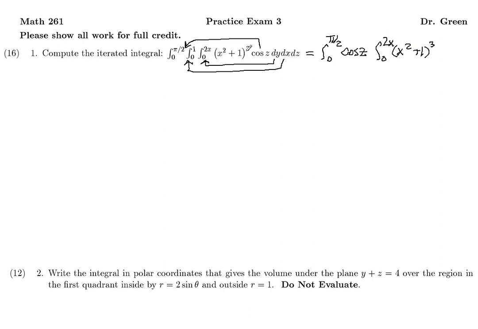Oh, we need an integral 0 to 1 in there. Integral 0 to 1, integral 0 to 2x, x squared plus 1 cubed, and then dy dx dz.